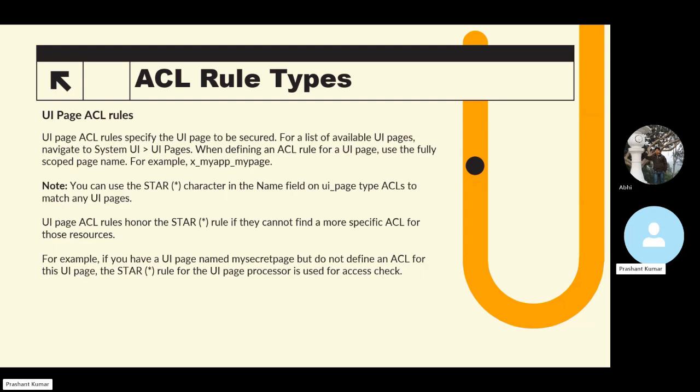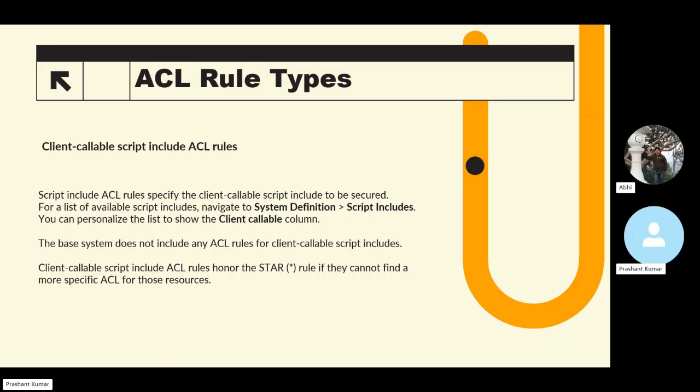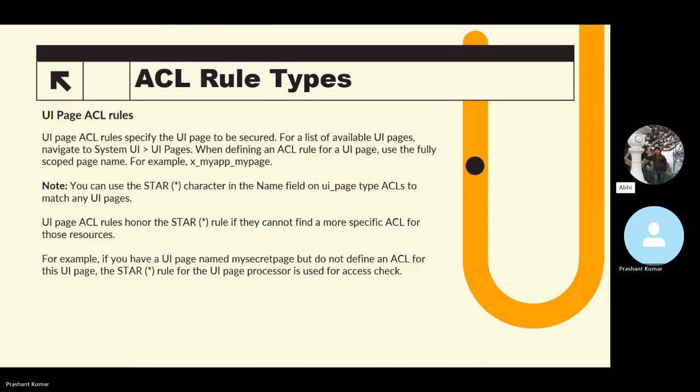UI page ACL also. We can restrict the UI page and make it secure. And callable script include, this also I mentioned we can do. Why am I not telling anything? Because it's a basic thing.